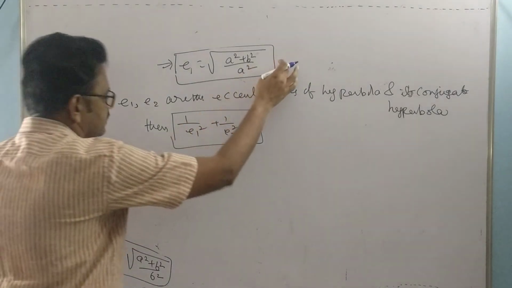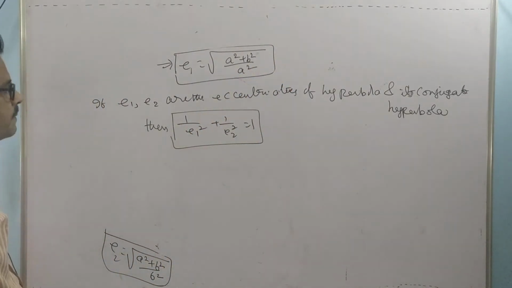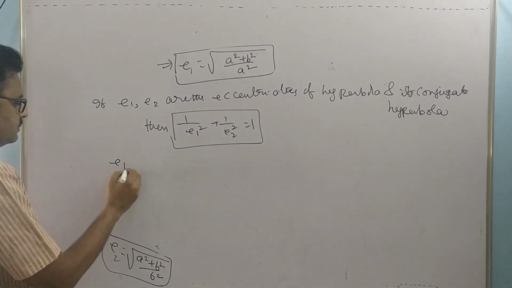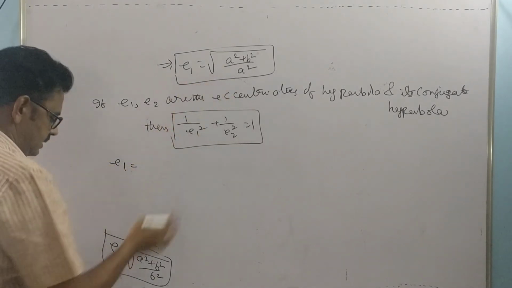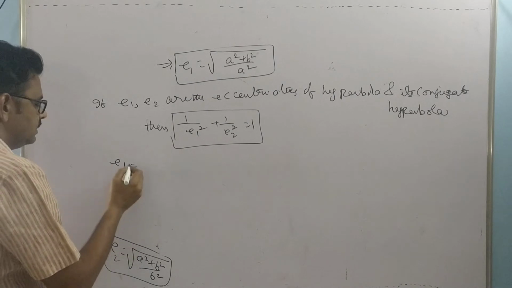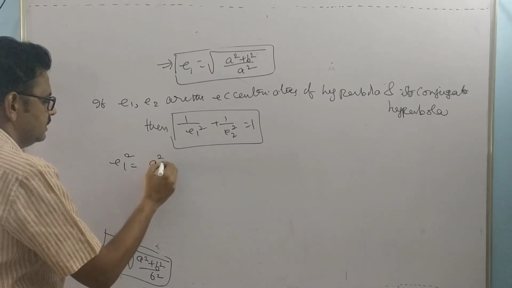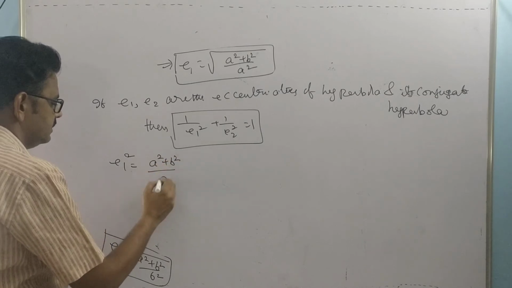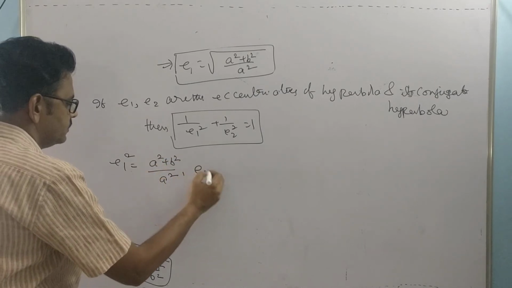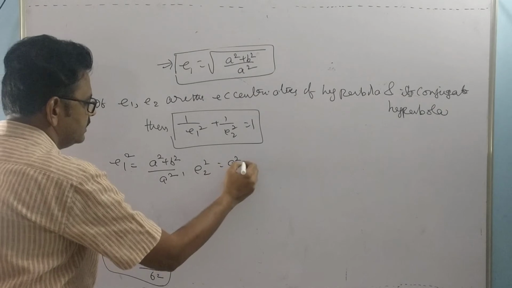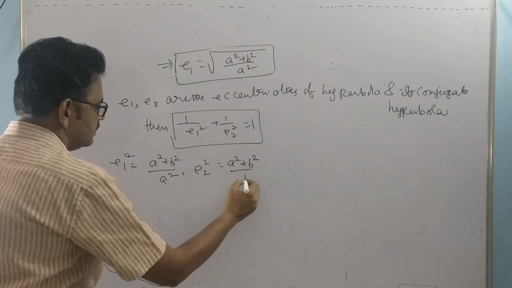This is e1 and this is e2. So e1 square is equal to a square plus b square by a square, and e2 square is equal to a square plus b square by b square.